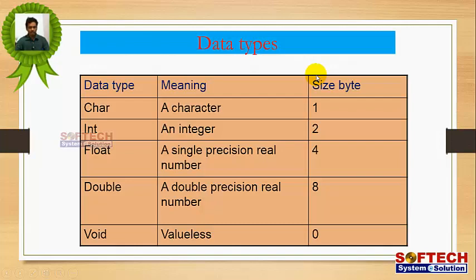In industries, a computer department in an industry, it may be a textile industry or any kind of industry, is called the EDP department. The department manager is the EDP manager. So the EDP department is a computer department.